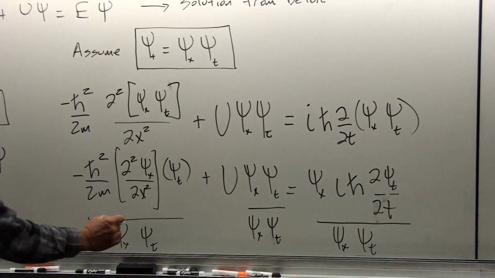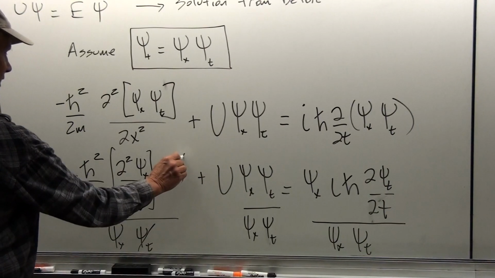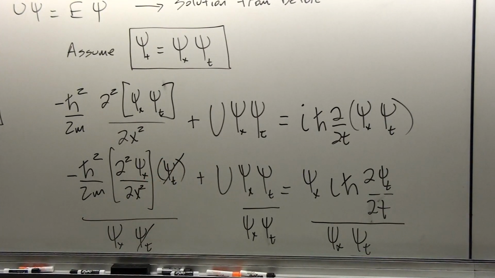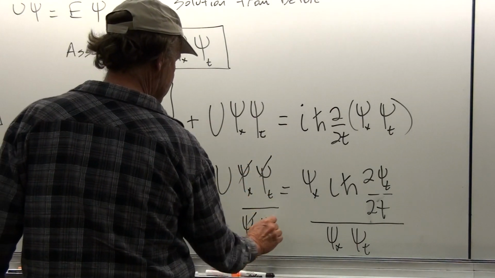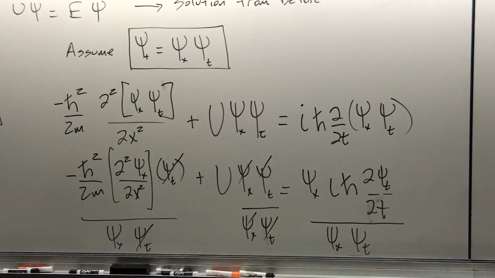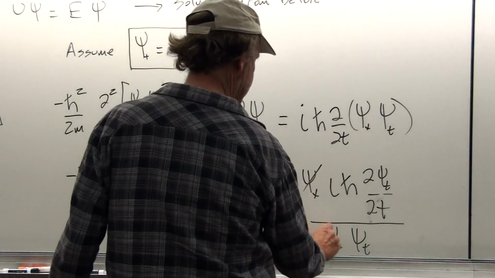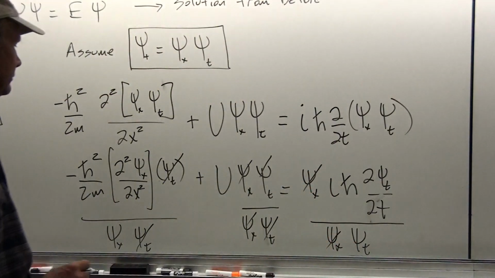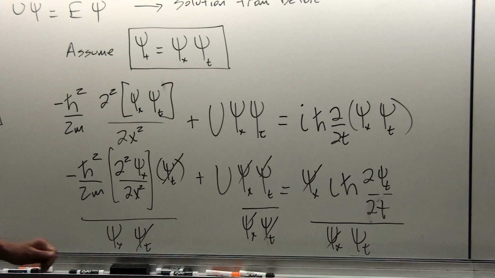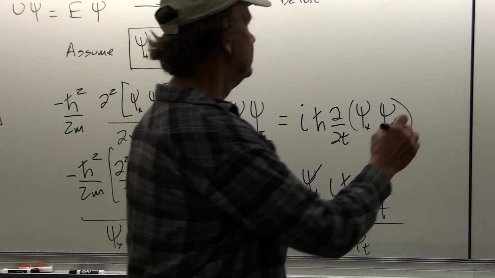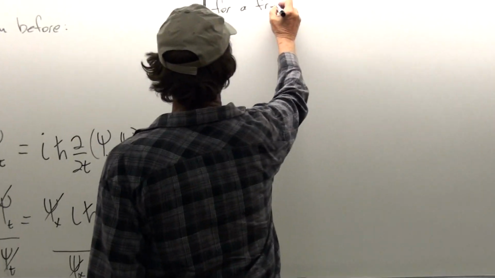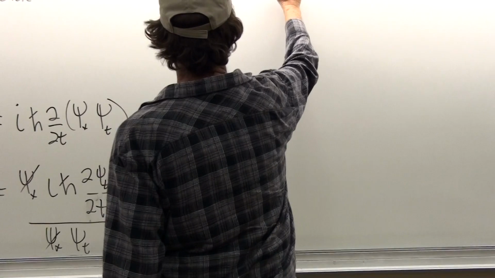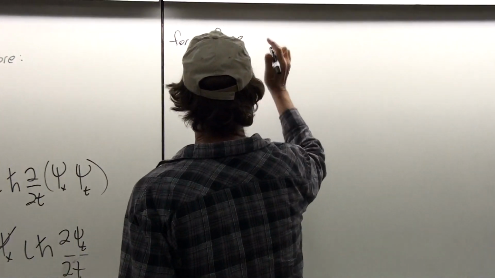You'll notice then on this side, the psi(t)'s are going to cancel for that first term. For the second term, the psi(x)'s and the psi(t)'s are going to cancel. And for the third term, the psi(x)'s are going to cancel. Now for the moment, let's just say this is a free particle. We'll set U equal to 0, and we'll see how to generalize this if U is not equal to 0 later.